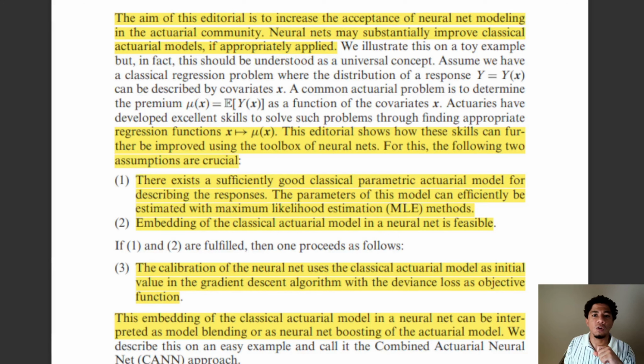But that process is called boosting. Train a model, you have residuals, train a model on top of those residuals to then improve. So you're kind of boosting the model. And in this case, you're boosting it with a neural network. And the authors then call this the combined actuarial neural net approach.